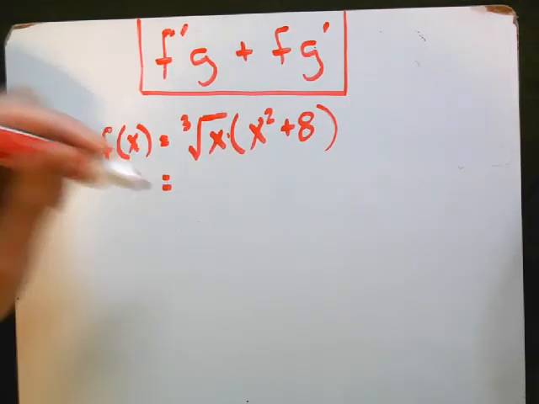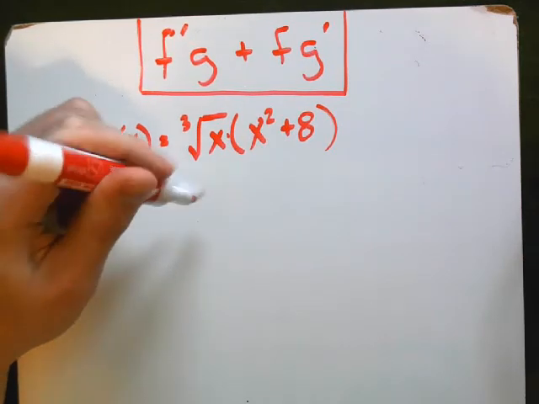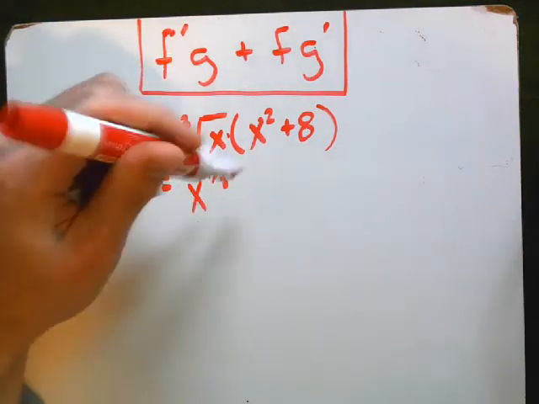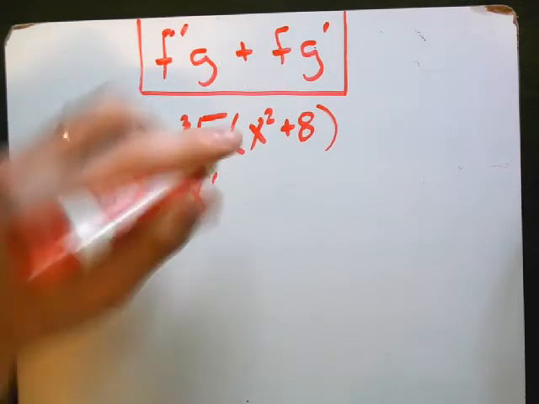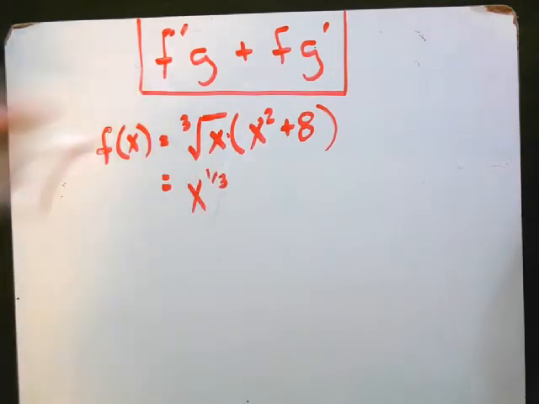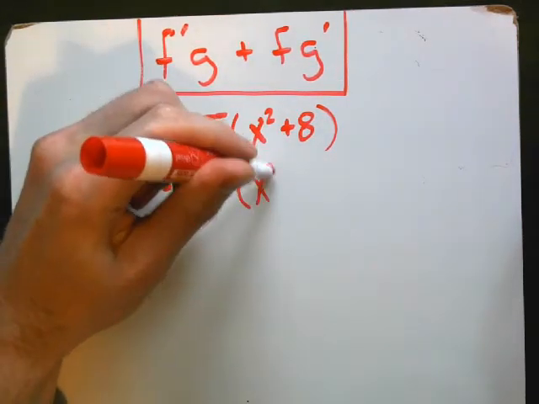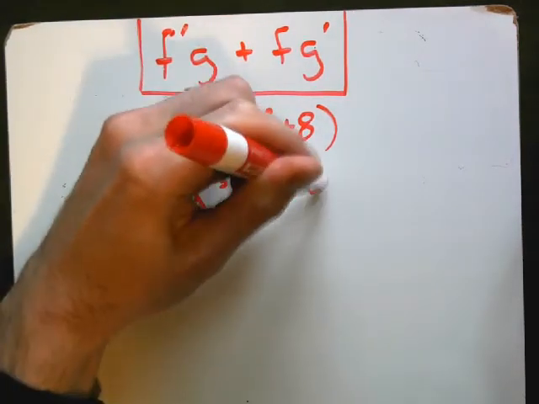Something that we always talked about in first try was that when you have radicals, it's always pretty helpful to turn them into exponents. So I'm going to say third root of x is the same as x to the 1/3, and I'm going to leave x squared plus 8 in parentheses.